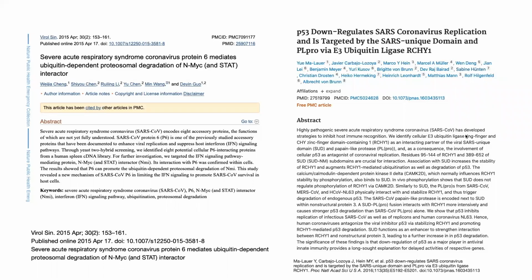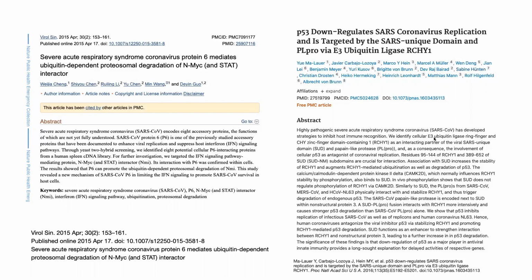discover how P53, which is a host protein, regulates SARS coronavirus replication and is targeted by the SARS unique domain and PLpro via E3 ubiquitin ligase RCHY1. Highly pathogenic severe acute respiratory syndrome coronavirus has developed strategies to inhibit host immune recognition.